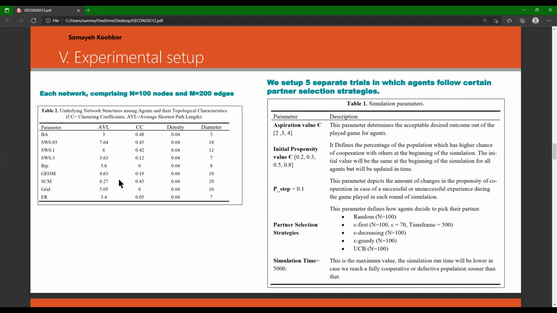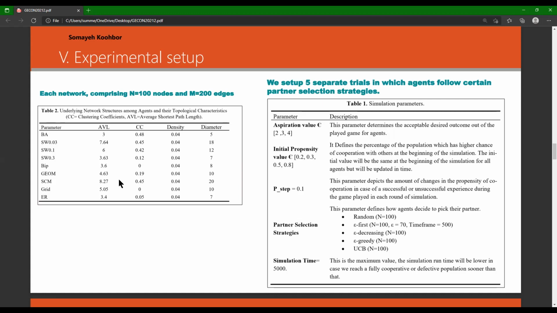So usually this value should be small, and we decided to choose 0.3, like 30% of the population following the cooperative strategy, and the rest will do defection, but they will learn. And at any time, if there is any dissatisfaction or satisfaction, then this propensity will change, and the amount of change is 0.1, so that we go up and down.